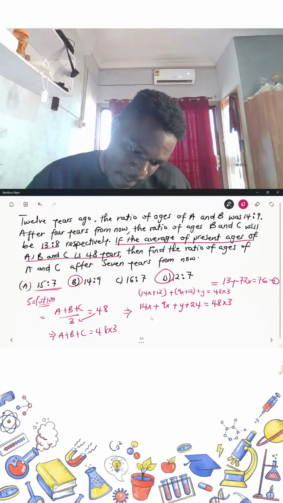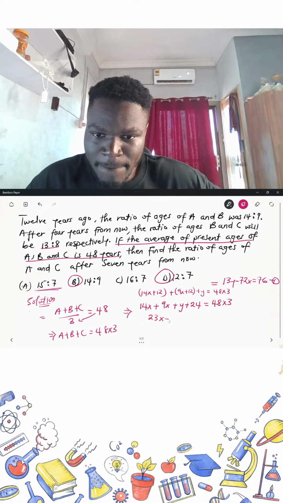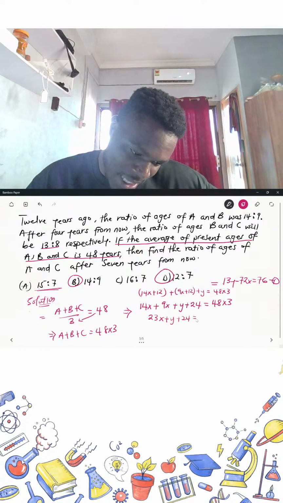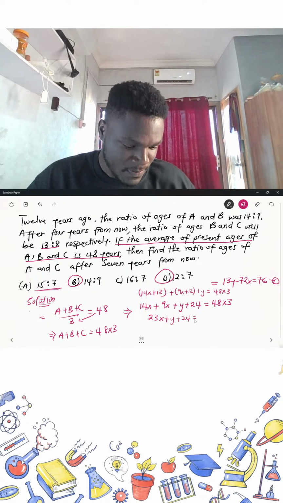And so from here, we will just simplify this expression. I have 14 and then this, so I'm going to have 23x plus y plus 24 is equal to 48 times 3.